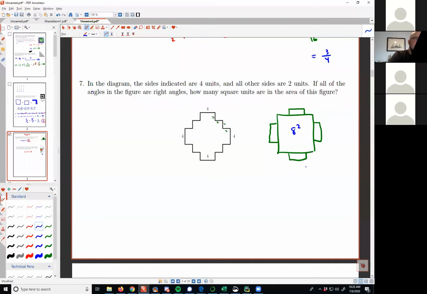And then the sides would each be 4 by 2. They're each 4 by 2, so they're each 8 also. And in total, we get 96. I like that solution. Anybody else have another one?